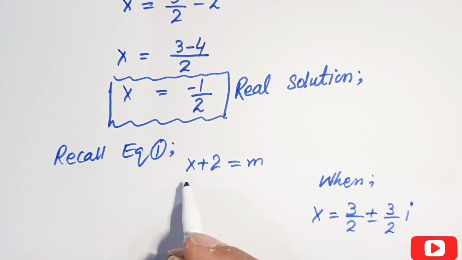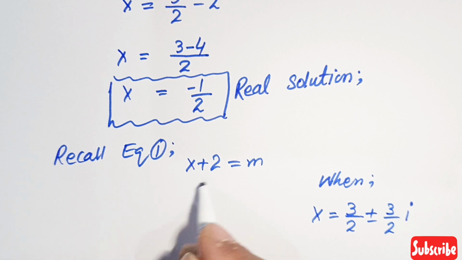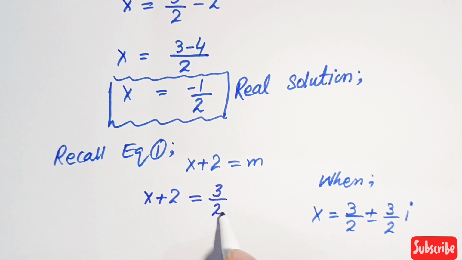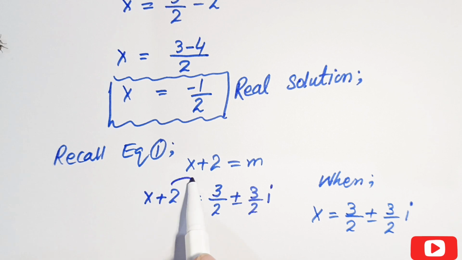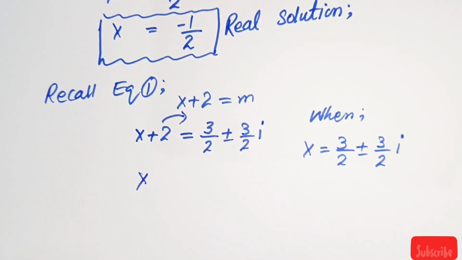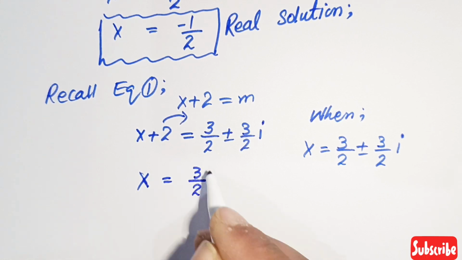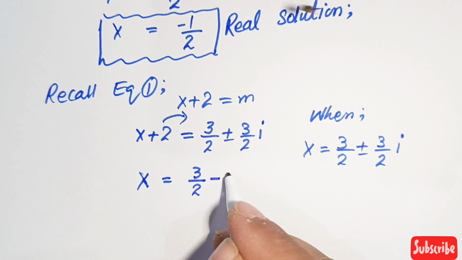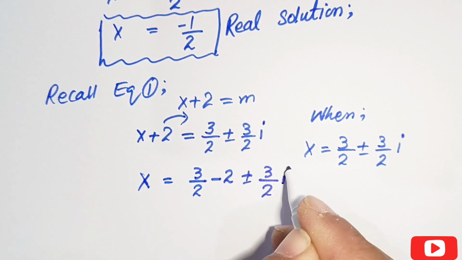Putting the values of m, x plus 2 is equal to 3 over 2 plus minus 3 over 2 i, shifting this 2, then we have x is equal to 3 over 2, it is our real part, plus minus 3 over 2 i.